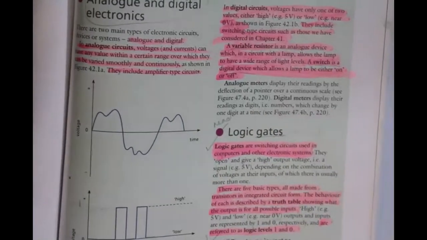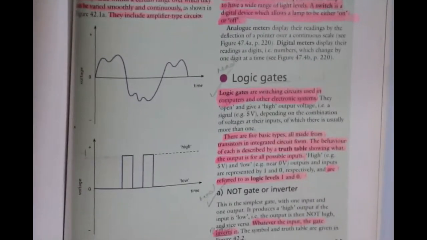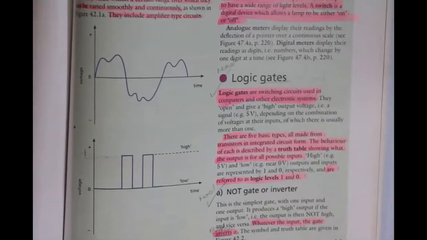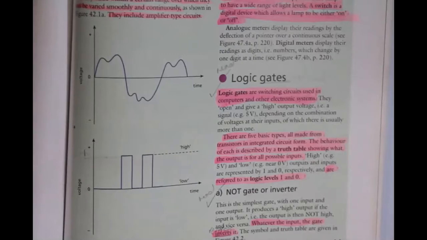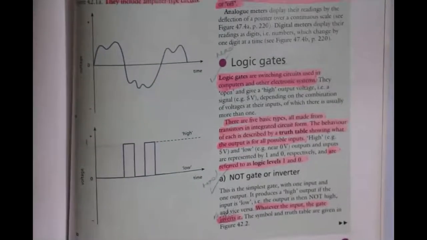Okay, now we have logic gates, which are used in circuits. There are 5 basic types of logic gates, and we describe them using a truth table. These logic gates are used in digital circuits because they either have a high or a low.